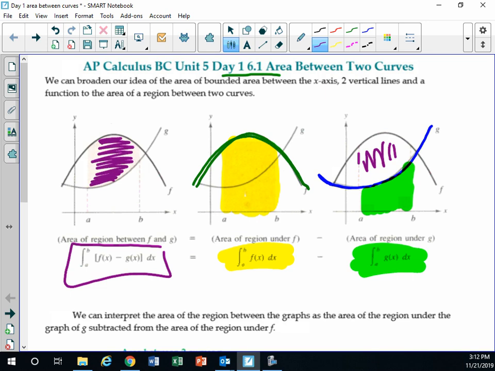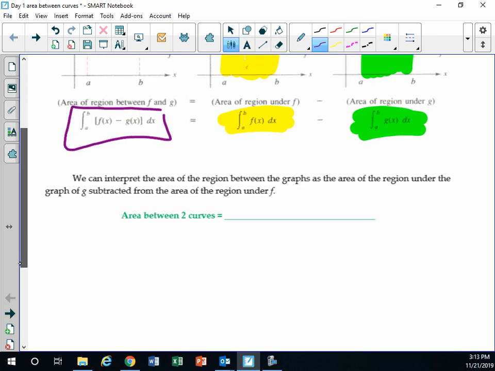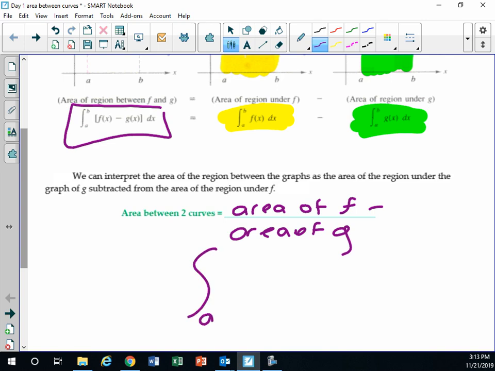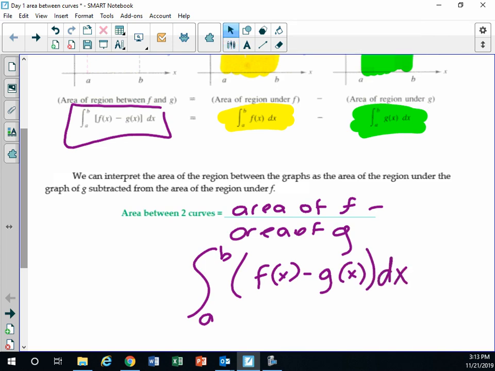So, F minus G from A to B. So the area between two curves is going to be the area of F minus the area of G, or the integration from A to B of f of x minus g of x. Now sometimes we'll give you A to B, sometimes it's where they're going to be intersecting. It all depends on what we give you.